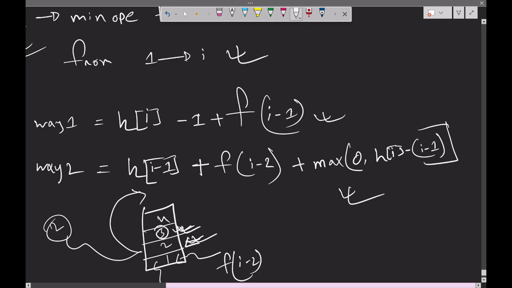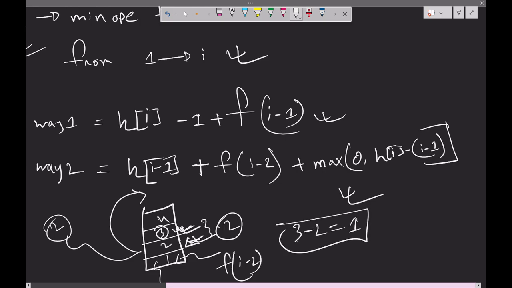This third element receives a fall damage of 2, right? So after the operation, the health can become 1. In some cases, suppose there were 1, it would have received a fall damage of -1, but we cannot have -1, right?